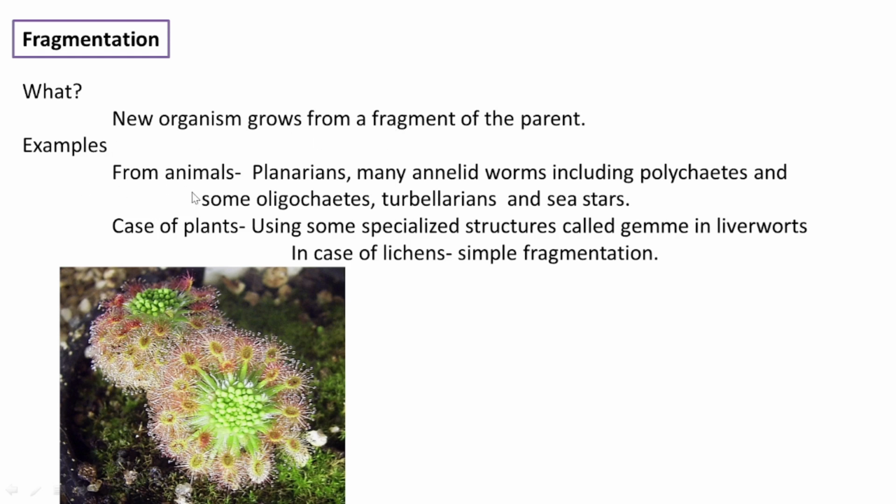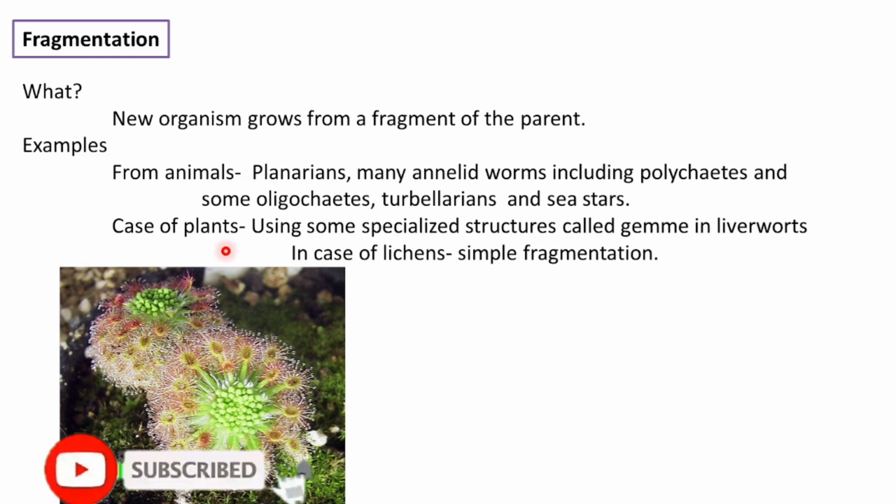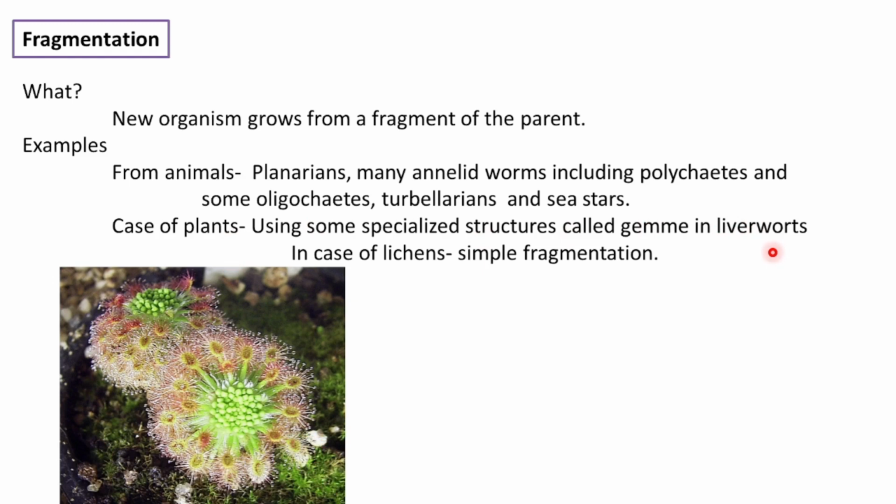Examples: in animals, this type of asexual reproduction can be seen in planarians, some annelid worms including polychaetes and some oligochaetes, turbellarians and sea stars.